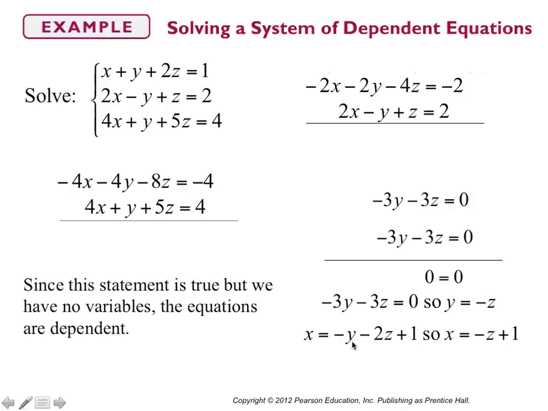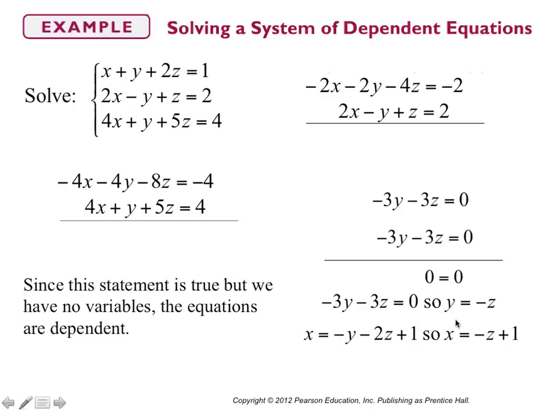So we have x equals negative negative z minus 2z plus 1. Now, negative negative z is just going to be a positive z. So we have z minus 2z plus 1, which if we simplify that, we get negative z plus 1. So we have y equals negative z, and now we have x equals negative z plus 1.